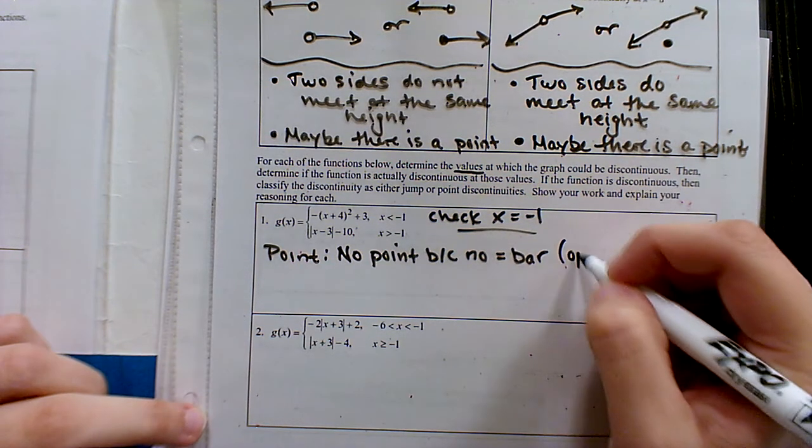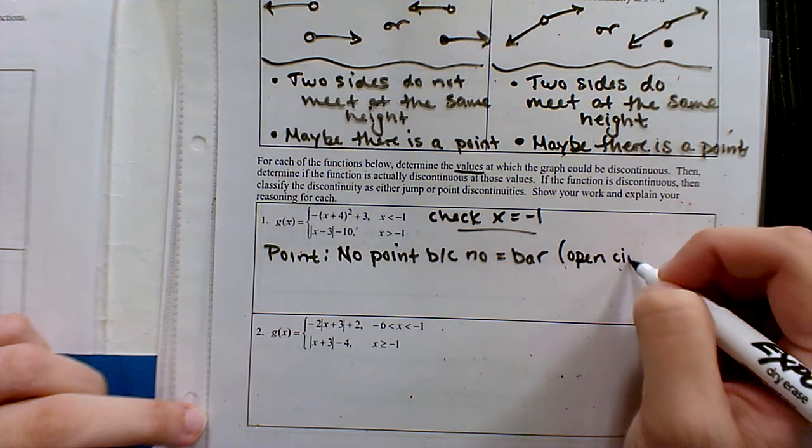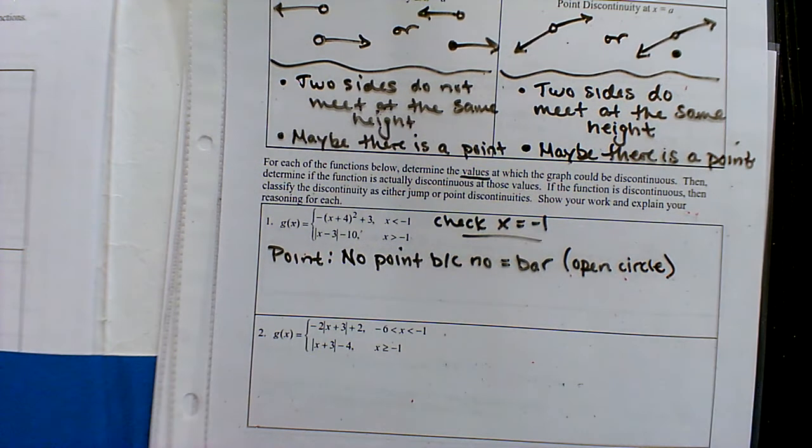So if there's no point, we automatically know that there's an open circle, graphically speaking, even though we don't have a picture. Okay, so now we got to check out the sides. Okay, so we know there's an open circle. If the sides are meeting up at an open circle, we know it's a hole.